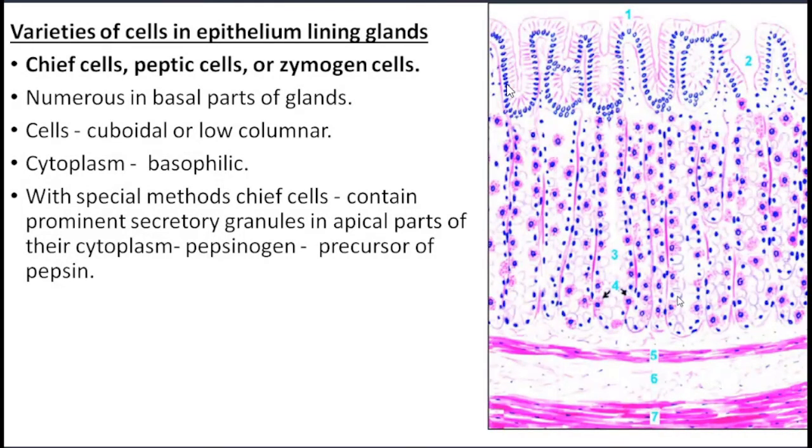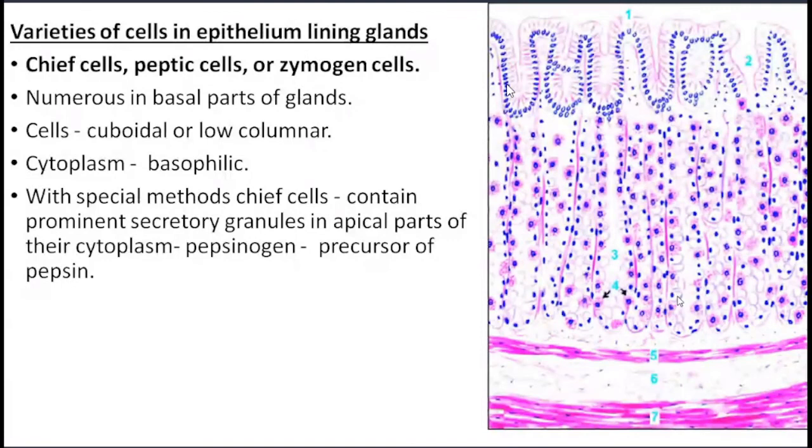With special staining, these cells are seen to contain prominent secretory granules in the apical part of the cytoplasm, containing pepsinogen, which is the precursor of pepsin. With the electron microscope, these cells contain abundant rough endoplasmic reticulum and a prominent Golgi apparatus. So this is about the chief cells and peptic cells.